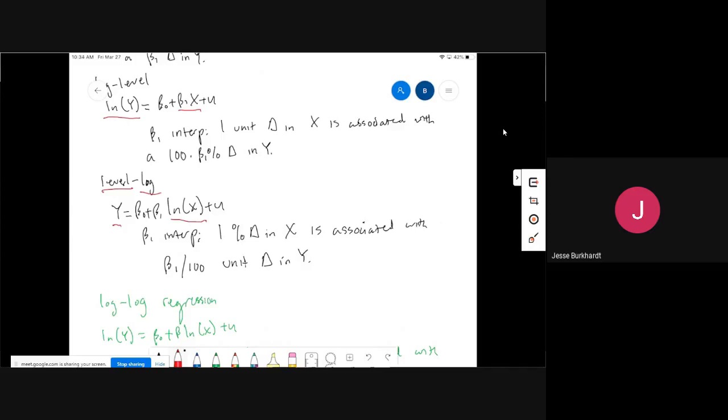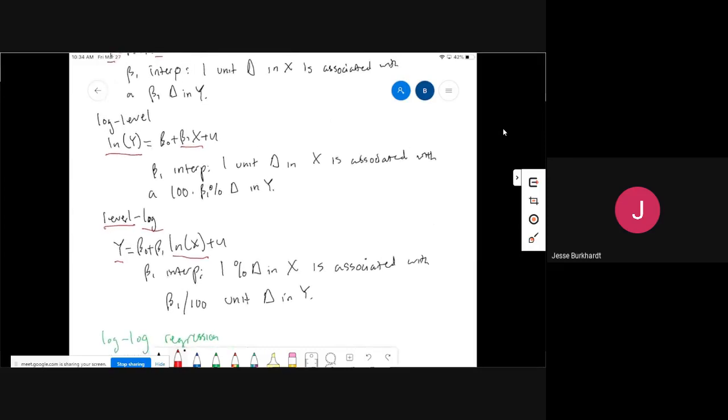The log of x, a 1% change in x is associated with a beta 1 divided by 100 unit change in y. So in the previous, the log level regression, x is levels, so that's a 1 unit change in x. In the level log, x is in log, so now we're dealing with a 1% change in x.